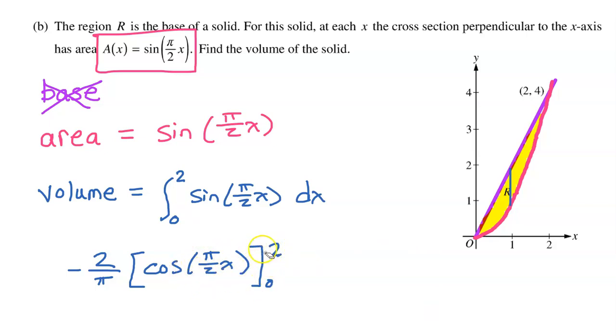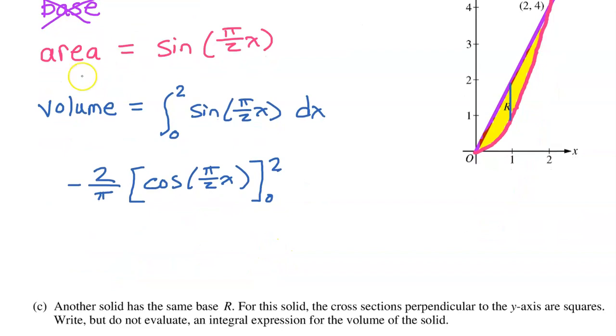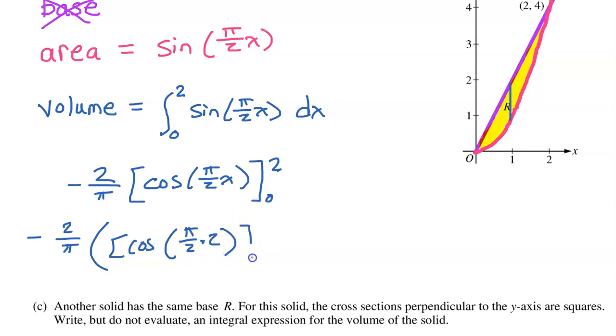Okay, anyway, the limits of integration. So we have to find the value at 2 minus the value at 0. So I've got my negative 2 over pi, and I've got the cosine of pi over 2 times 2. So that's the value at 2. And now I need to do minus the value at 0. Okay, so I've got the cosine of pi over 2 times 0.